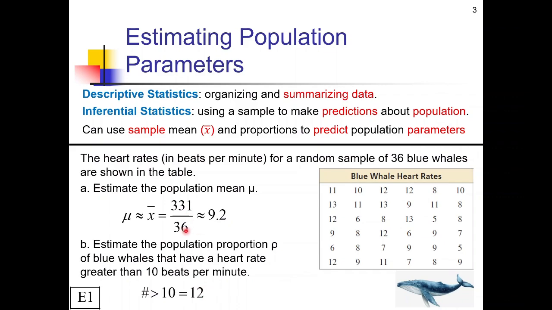So 12 over 36 then is our ratio, and if we round it off, this is roughly 0.333. So that is our estimate of the population proportion.